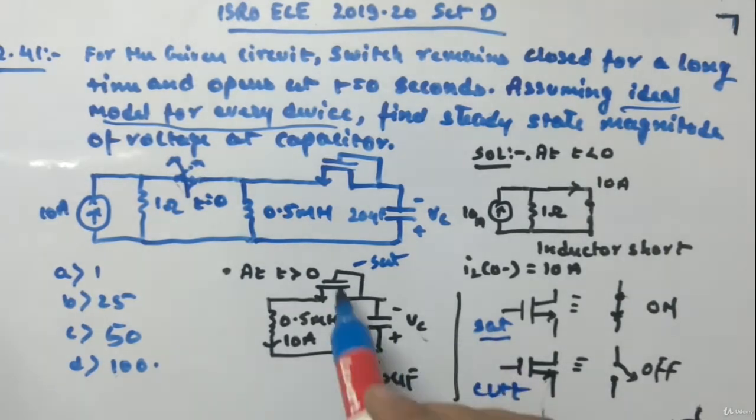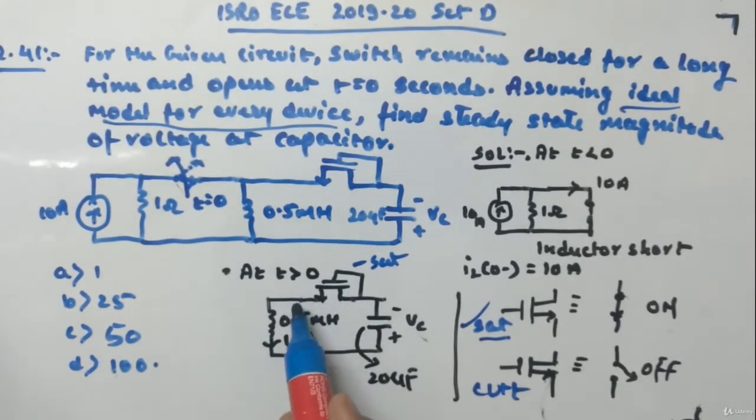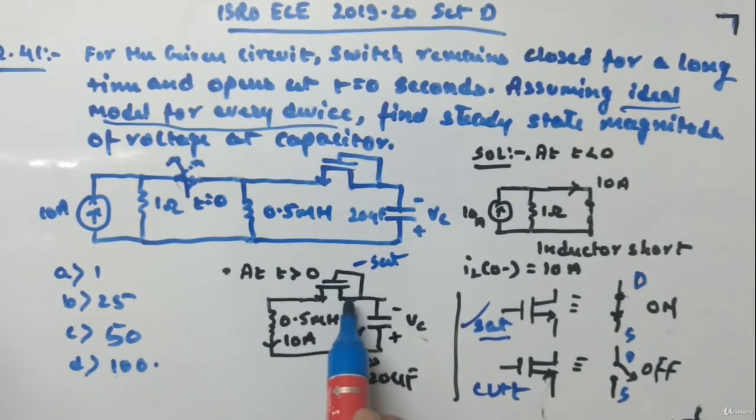Our MOSFET is working in saturation, so we can assume it to be a switch. This is drain, this is source. So since it is in saturation region, we can assume the drain and source to be short.